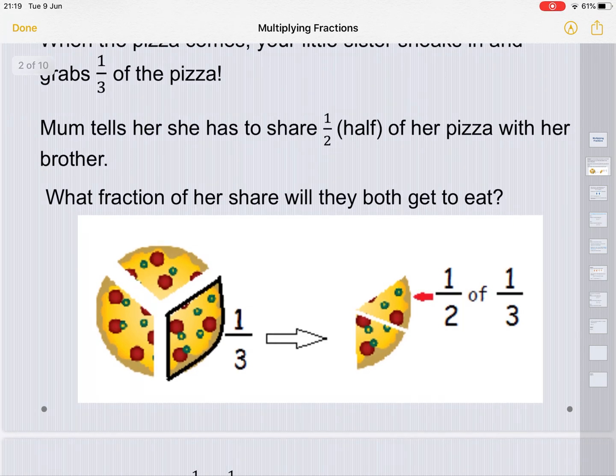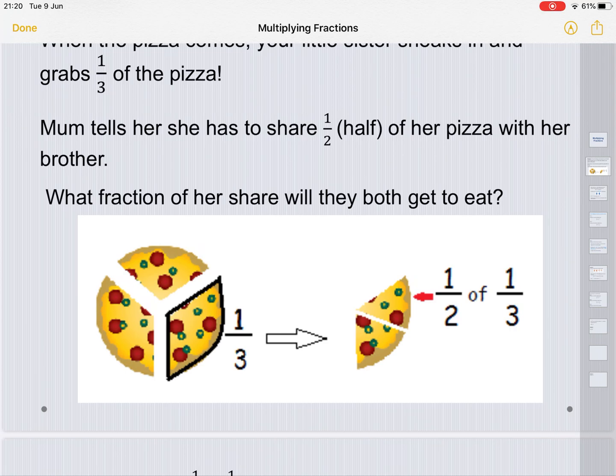They get to eat 1/2 of the 1/3. Mom told her that she has to share 1/2 of her pizza. She took 1/3, so they will both eat 1/2 of 1/3.